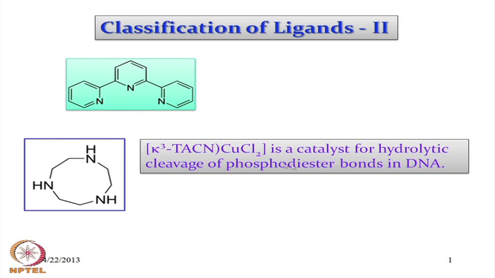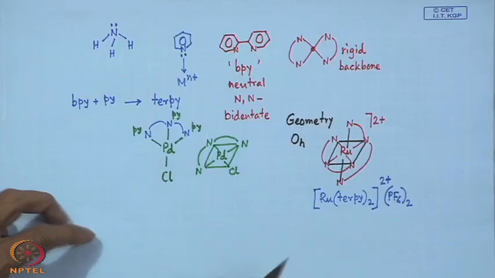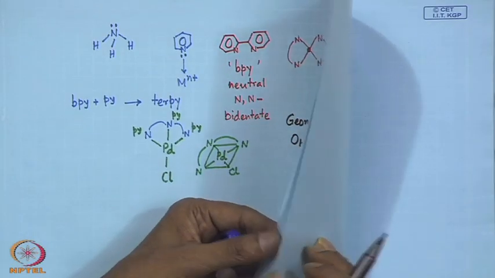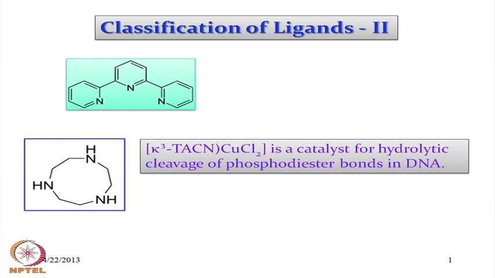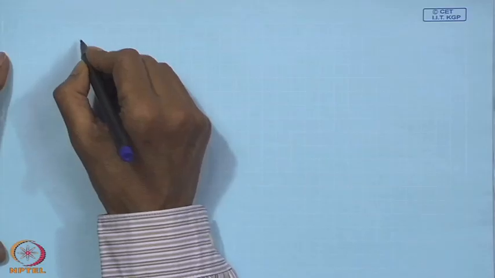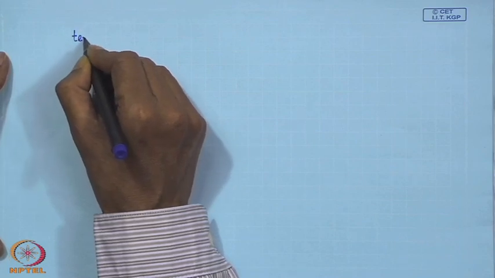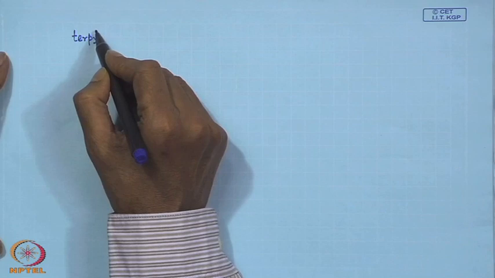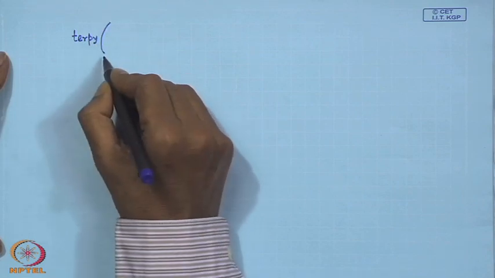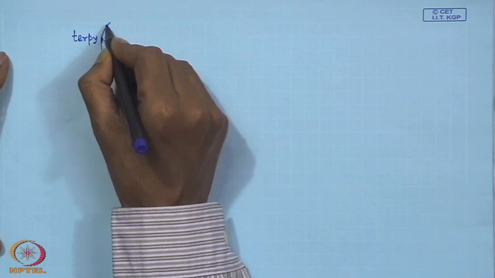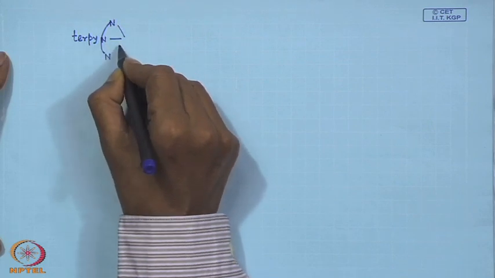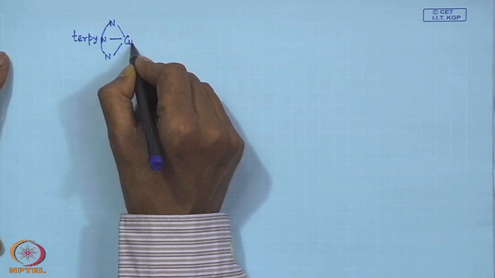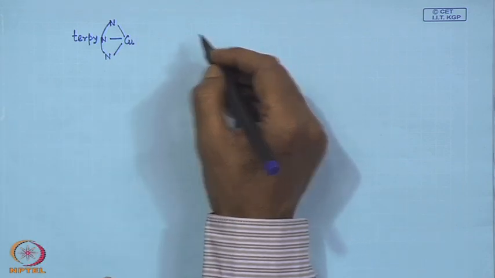Esterase activity can only be shown by this sort of ligand, where the binding is completely different compared to any other tridentate ligand. What we see in this particular case is that when we have a bipyridyl or terpyridyl type of ligand, we can simply say that terpyridine is providing us 3 nitrogen donor atoms, and they are forming 3 bonds in one particular plane.